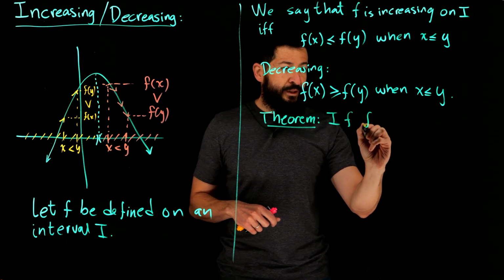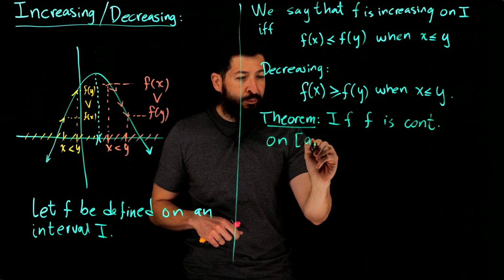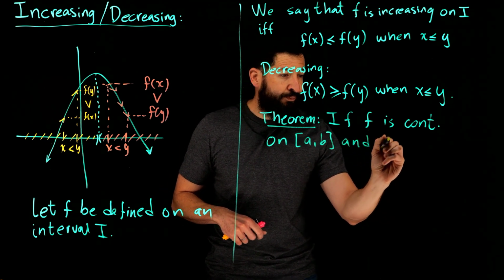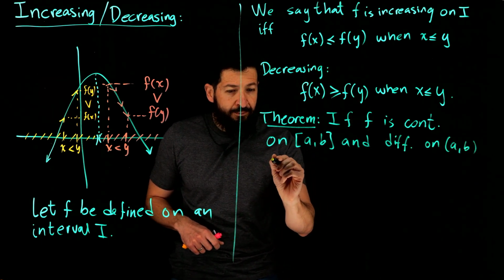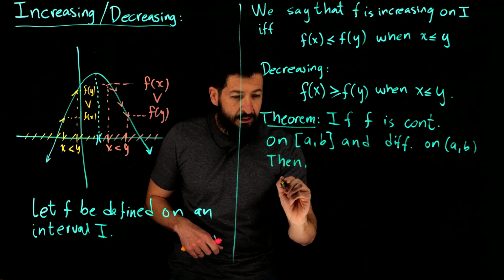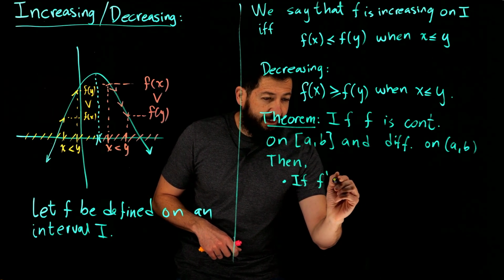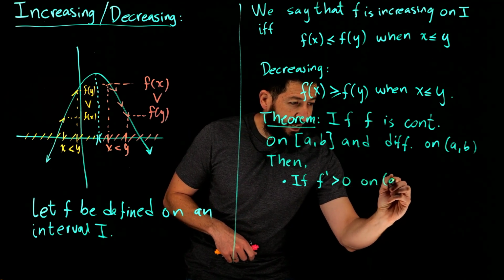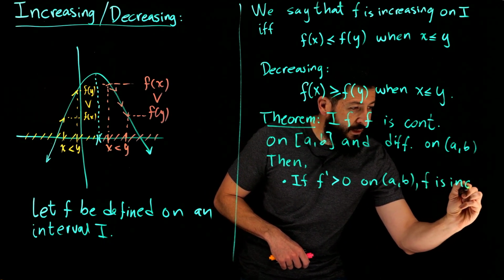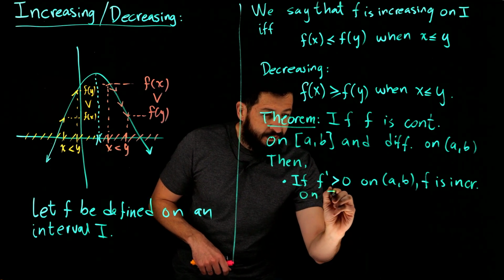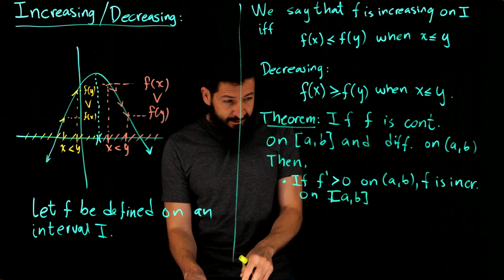If f is continuous on the closed interval a to b and differentiable on the open interval a to b, then if the derivative is greater than 0 on (a,b), f is increasing on I. Well, I called it the closed interval from a to b. Sorry about that.